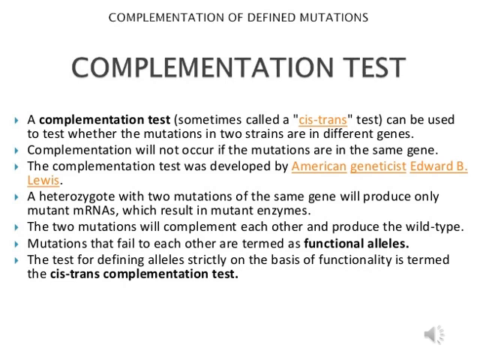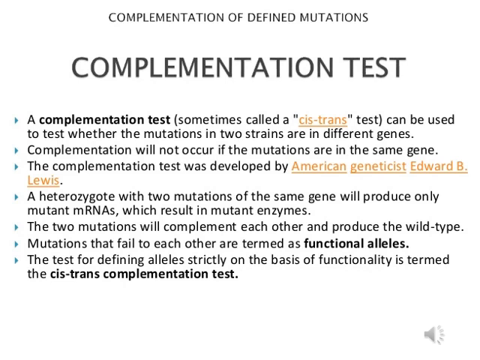So when the enzymes are not encoded, obviously they will not be able to carry out the regular reactions. Therefore, they will lead to the mutant phenotypes. So two mutations, if they are present on two different genes, will be able to complement with each other, producing the wild type phenotype.